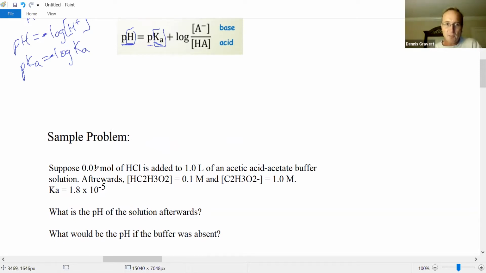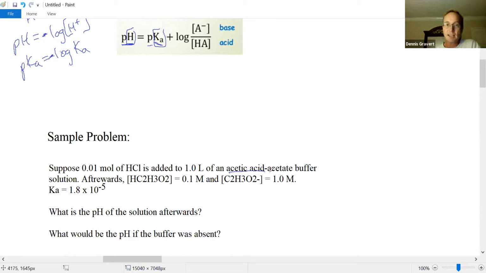Okay, suppose you have 0.01 moles. So we're putting in HCl, how much? 0.01 moles of it, and we're adding it to a 1 liter acetic acid acetate buffer. Afterwards, the H plus, so the weak acid component, the acetic acid component, now has a concentration of 0.1 molar.